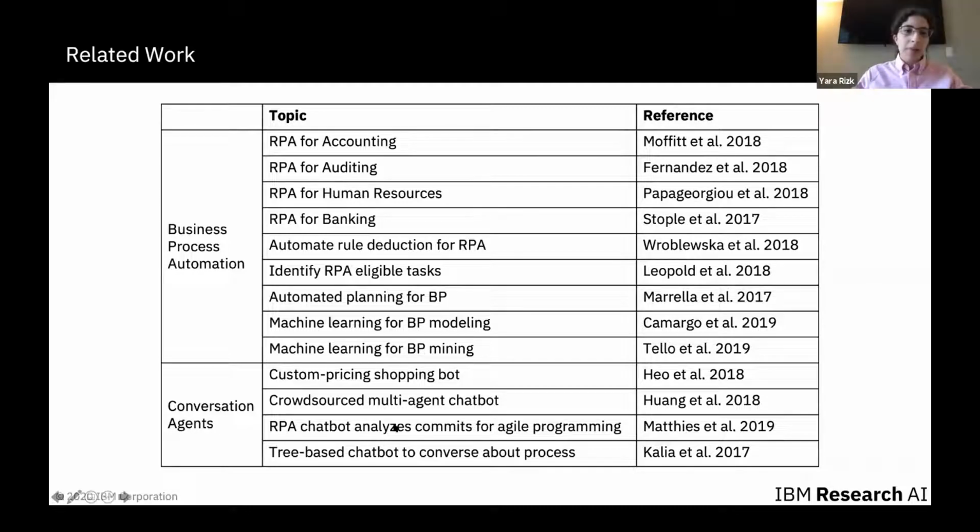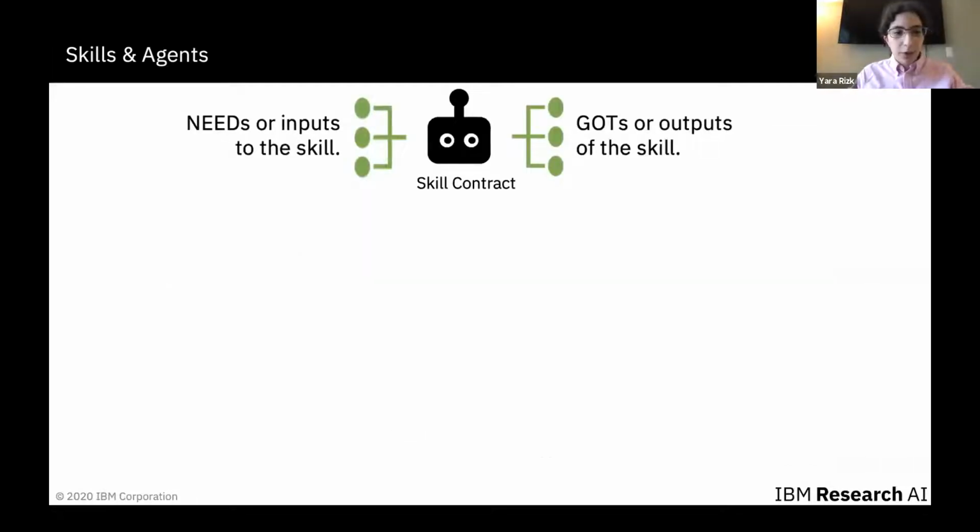So let me quickly jump to a few definitions or terminology that we'll adopt throughout the course of this presentation. We basically define a skill to be some atomic function that expects inputs and outputs, or we call them needs and gots as well.